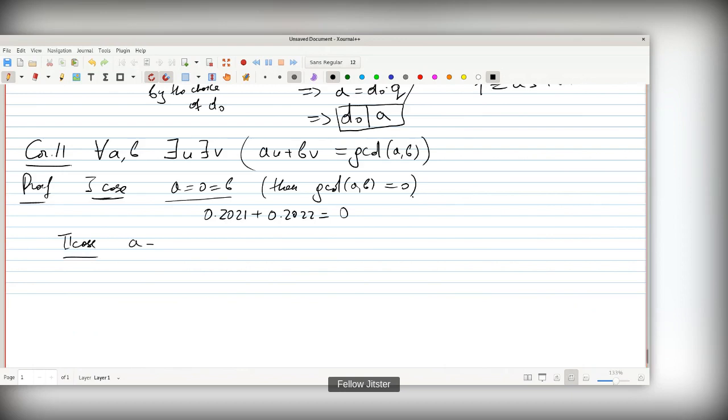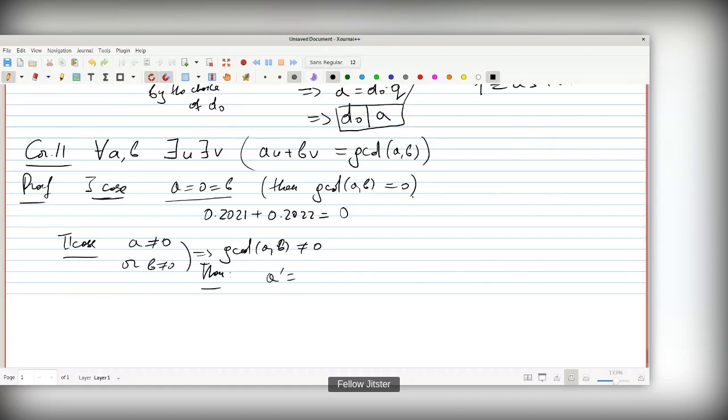Then the greatest common divisor is not 0, so it is possible to divide by this greatest common divisor.